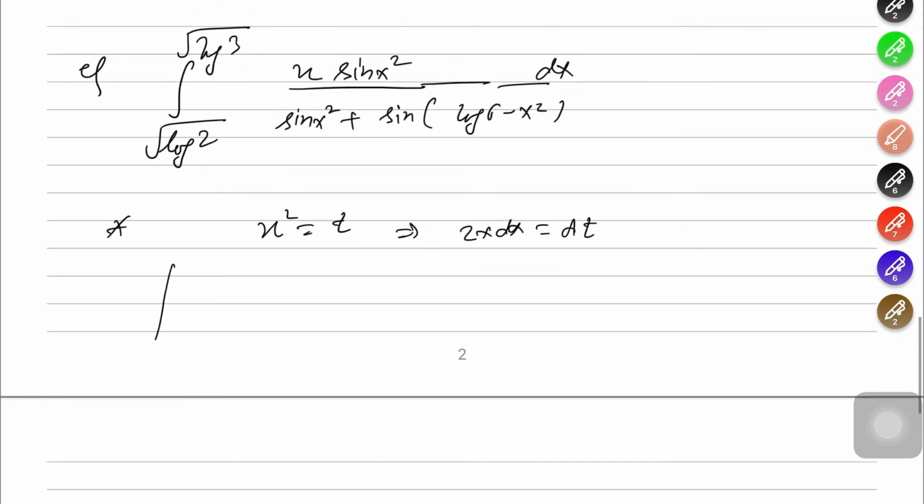So what our function turns out to be: the limits, x is equal to log 2, so it converts into log 2, because we substitute, so t is log 2 and similarly this is log 3, and x dx is dt by 2.